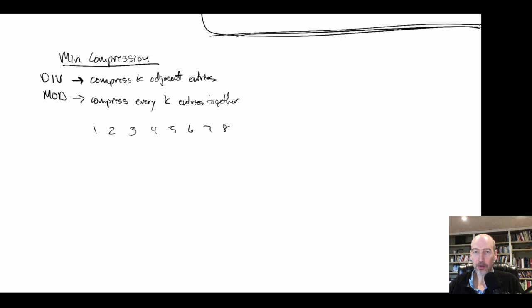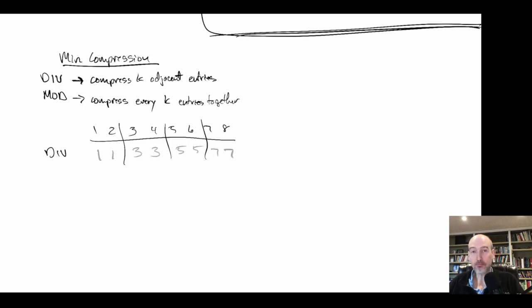And here we want to compress this by a factor of 2. Okay, so for div, this is going to be div. What we're going to do is we're going to break these up into groups of 2 entries. And what we're going to do for each of these is replace both of them by the minimum of the 2 values that are inside there.